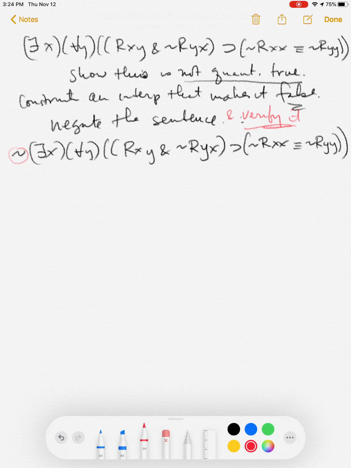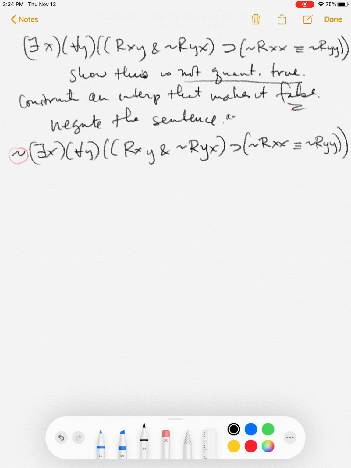Maybe I should spell that out more clearly. If we can find an interpretation that makes its negation true, then we've shown that we could find an interpretation that makes the original sentence false. So let me make that clearer.